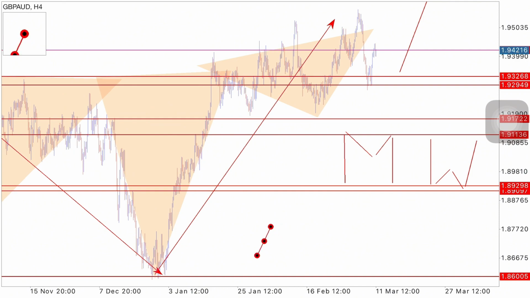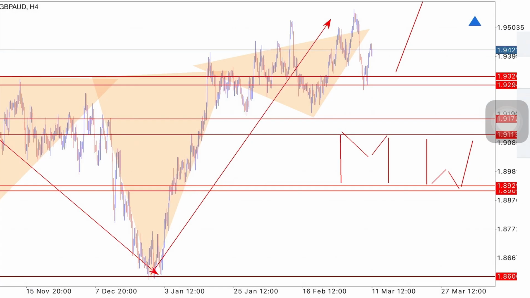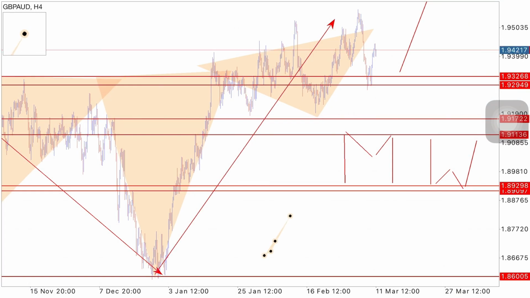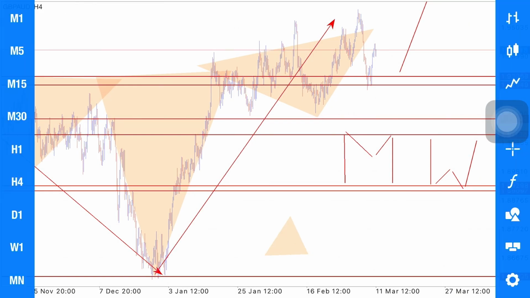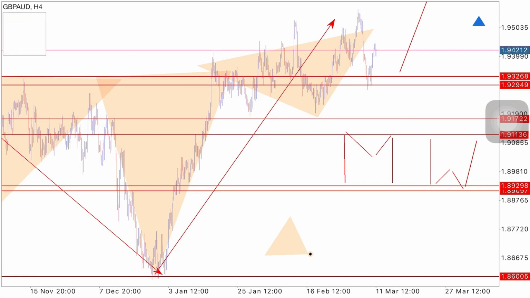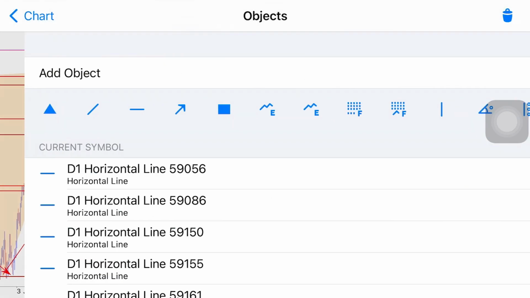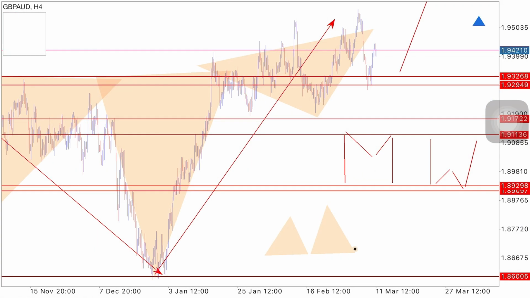Let me just use proper tools to cater for the proper structure. Okay, from here we will put it just here and bring this one here.